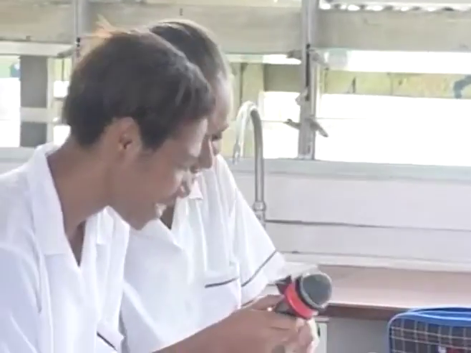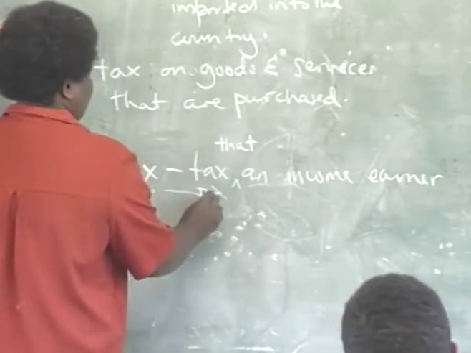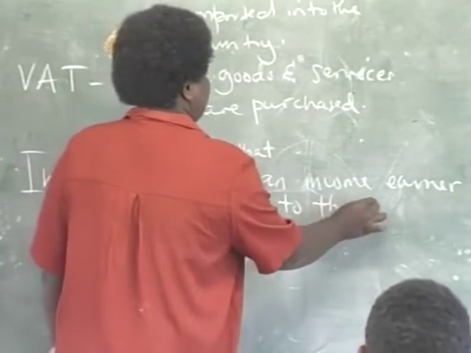A tax that contributes to the expense of the government. By whom? Who pays tax? The income earners. Okay, tax that an income earner pays to the government of the country.